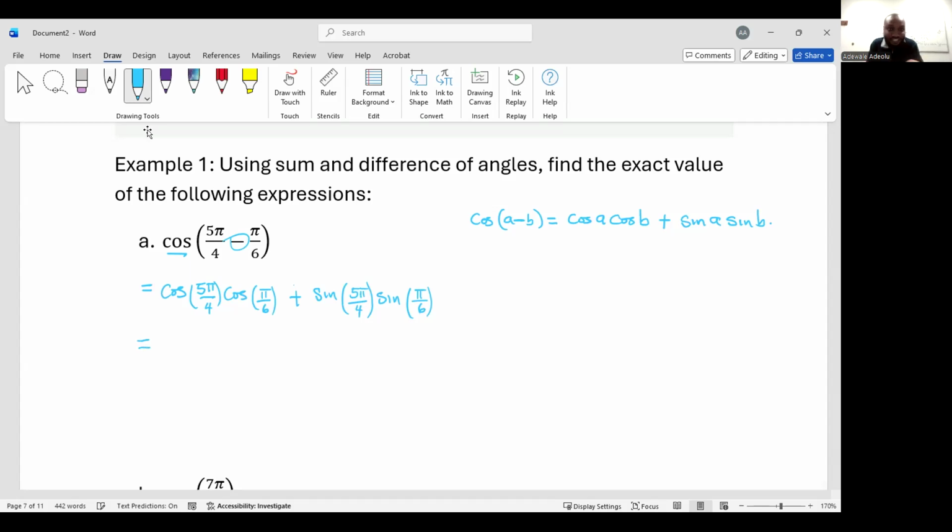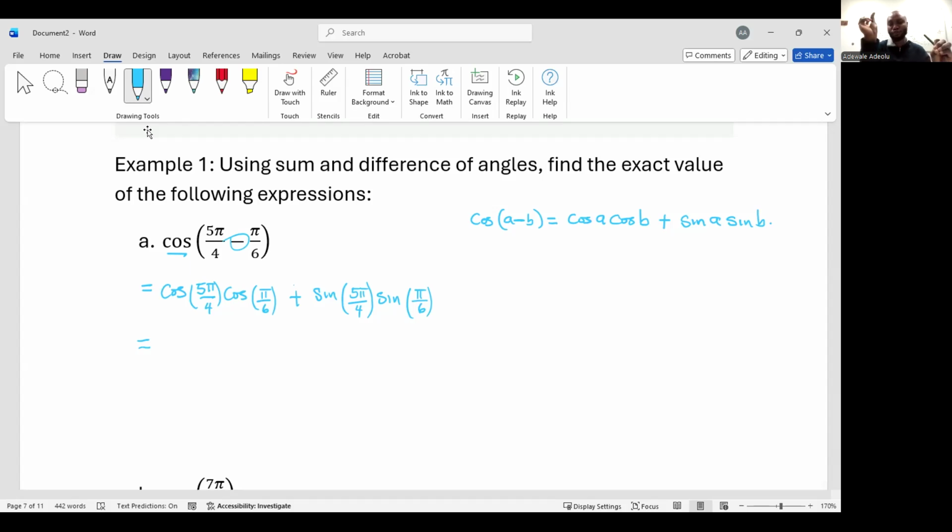Now we are at a place where you already know what to do. So what is cosine of 5 pi over 4? By now, you should know all this in your head, or how to get there in your head. Maybe we can do without the unit circle. Let us see. 5 pi over 4.